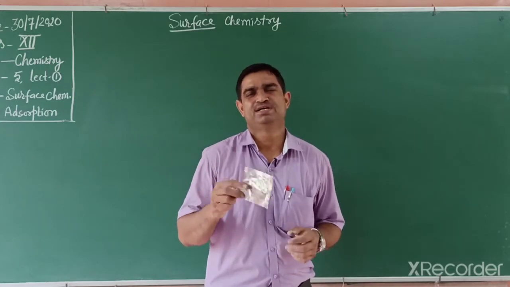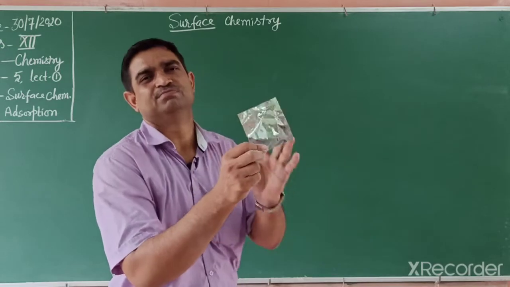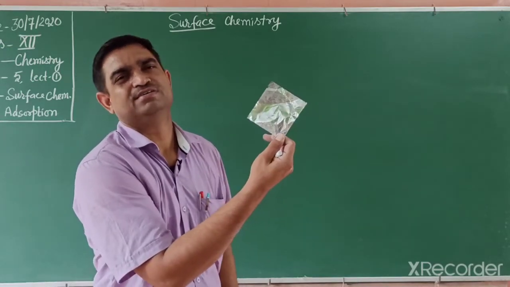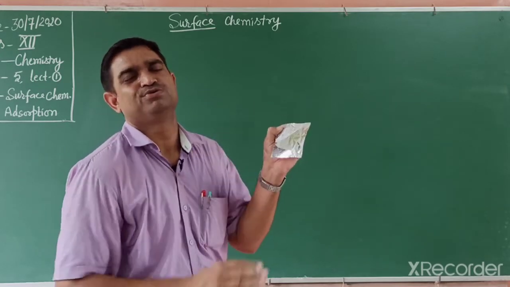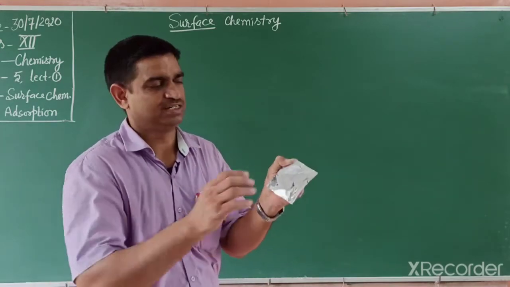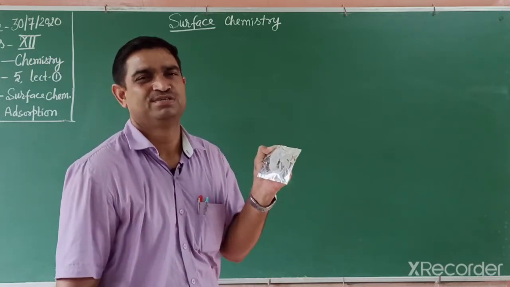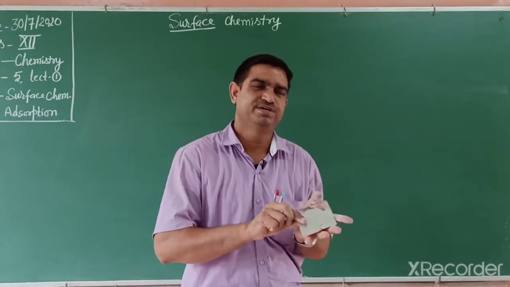Similarly, this metal, aluminium thin sheet, appears clean, but students, many molecules are adsorbed on the surface. Gaseous molecules or other dust particles also adsorb on the surface. How can we clean this?